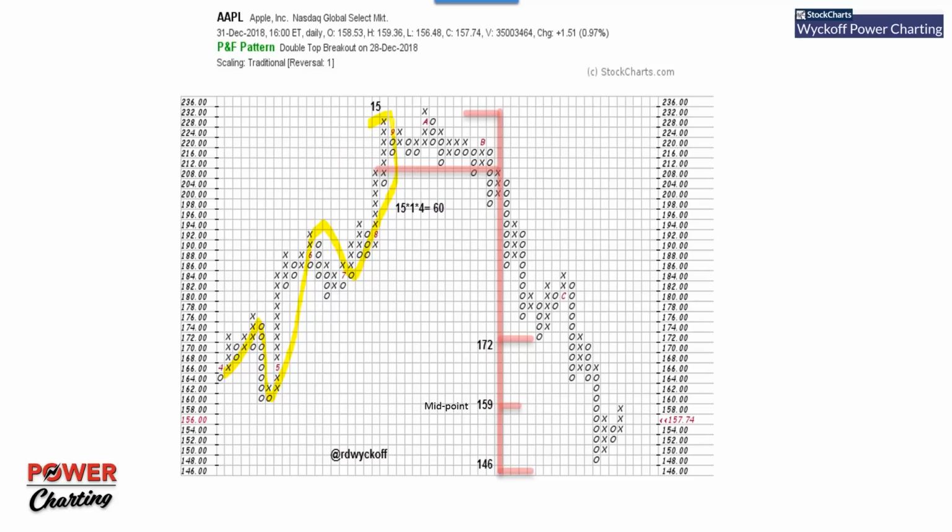Apple went from having this robust advance with pauses along the way to all of a sudden having this big stopping action, a distributional formation, and then a very sharp, swift turn downward into an important downtrend.